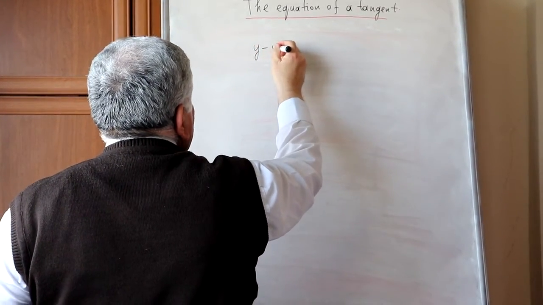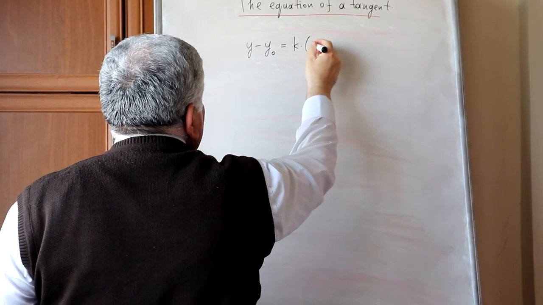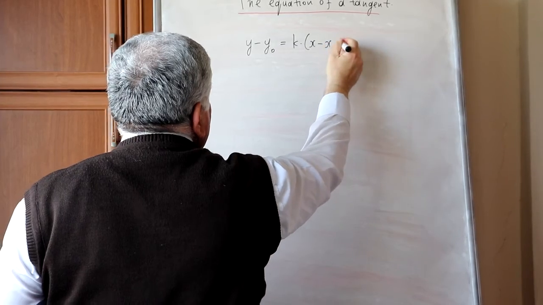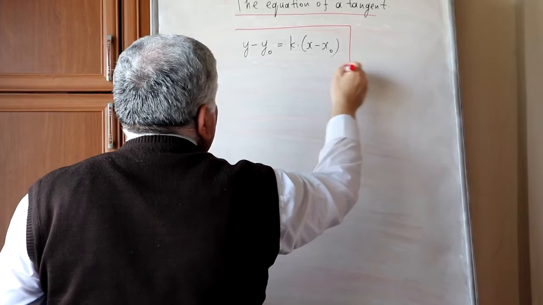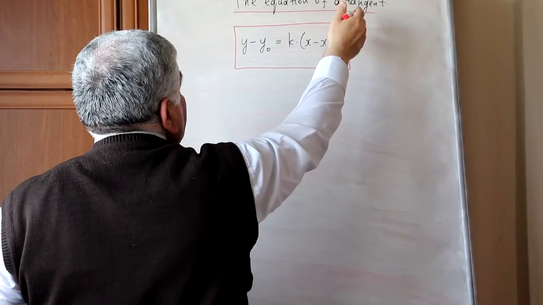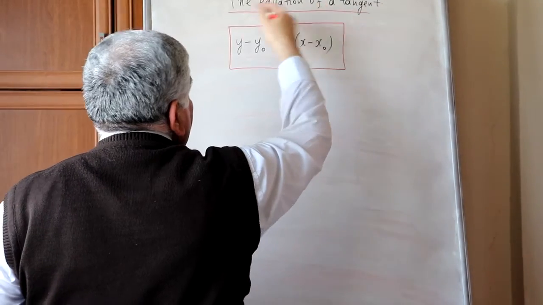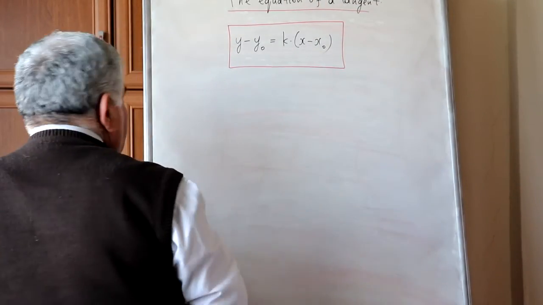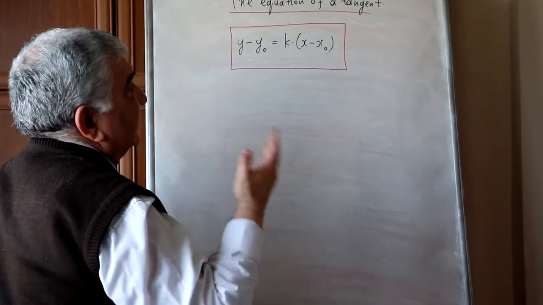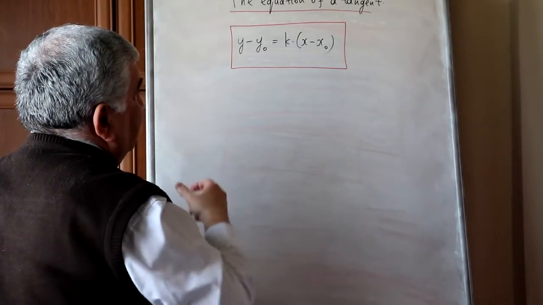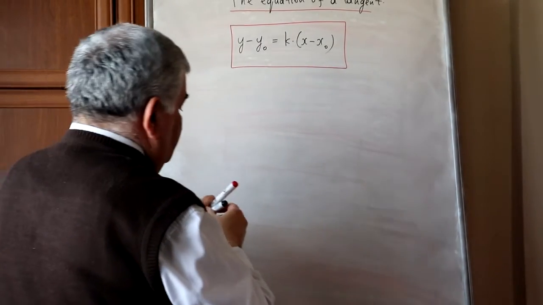Y minus y sub 0 equals k multiplied by x minus x sub 0. Here tangent in Azeri is toxunan, in Russian касательная, and the tangent equation in Azeri is toxunan tənliyi, in Russian уравнение касательной.